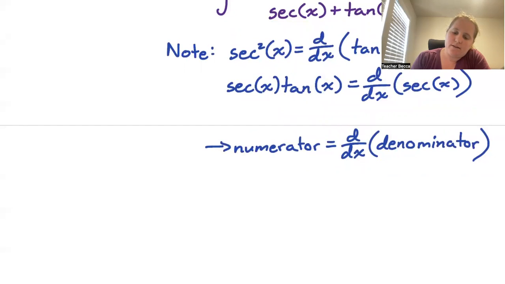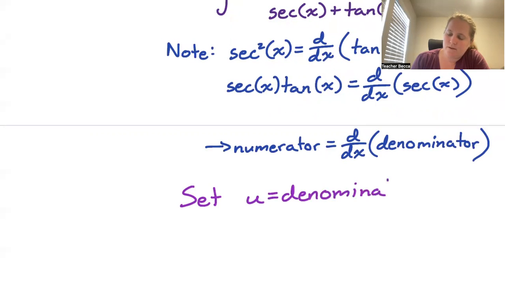So let's go ahead and set the denominator as our u. So in other words, u is secant of x plus tangent of x.